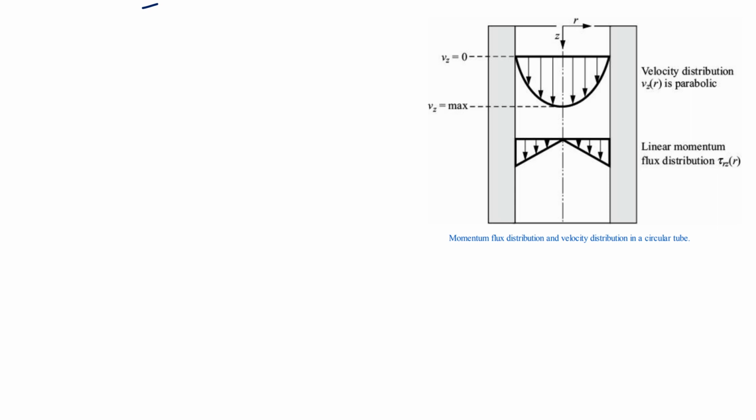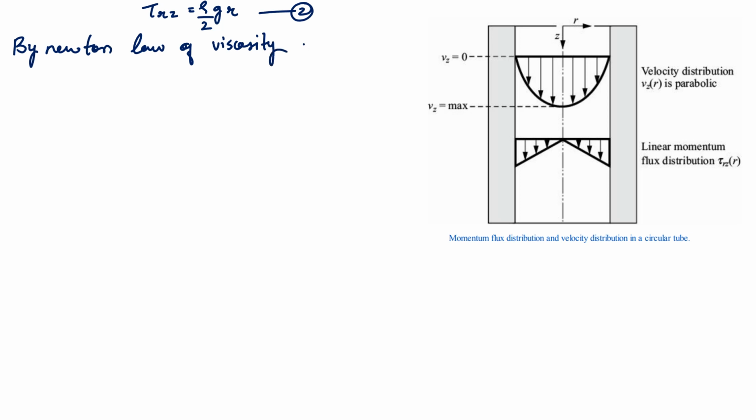So tau_rz equals rho g r upon 2 was the last equation, equation 2. So by Newton's law of viscosity, minus mu dvz/dr equals tau_rz.